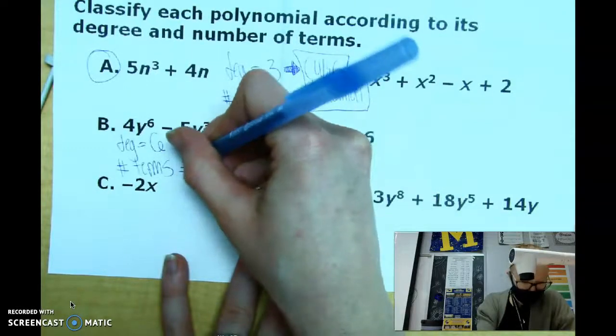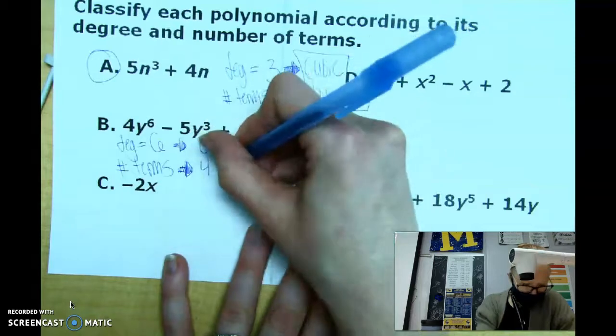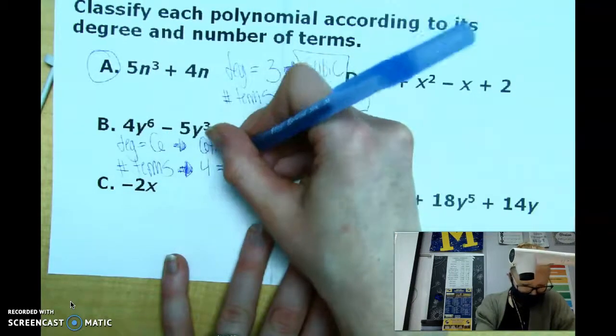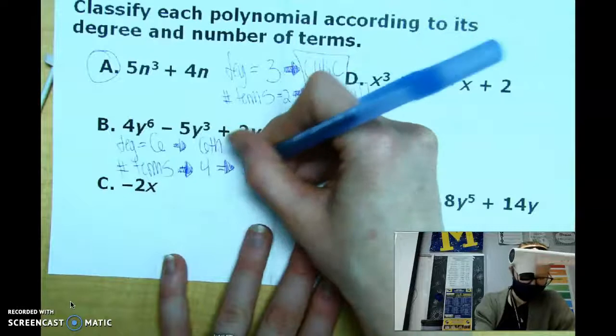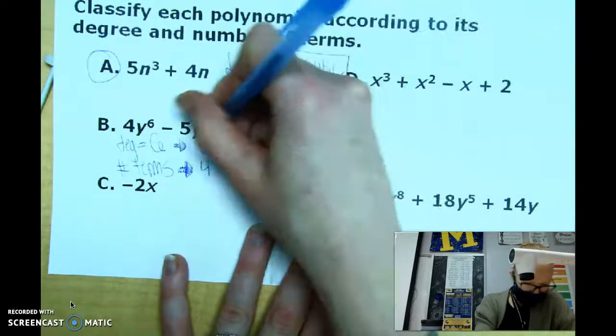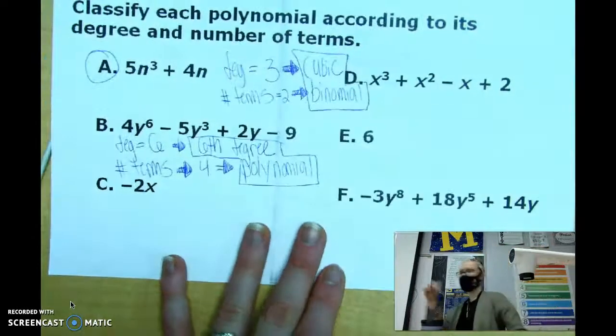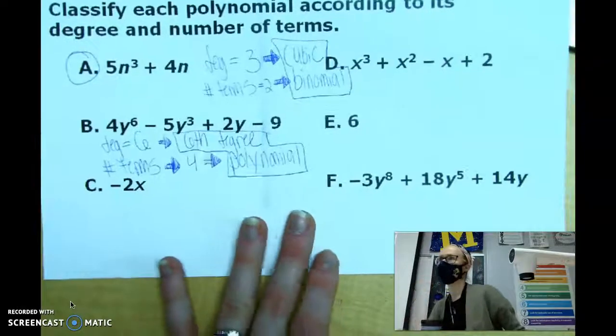If I have 4 terms, this is a polynomial. Do you guys see how you're using the degree and number of terms to pick 2 words from those tables?